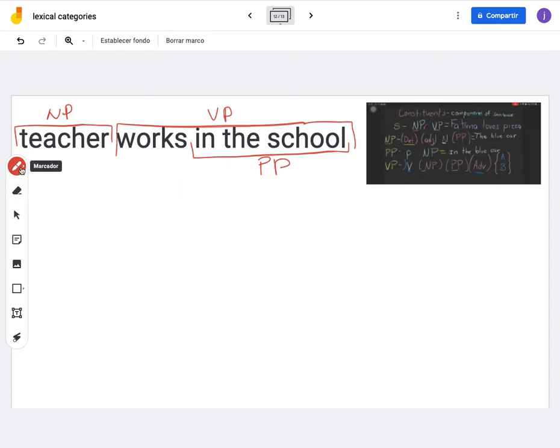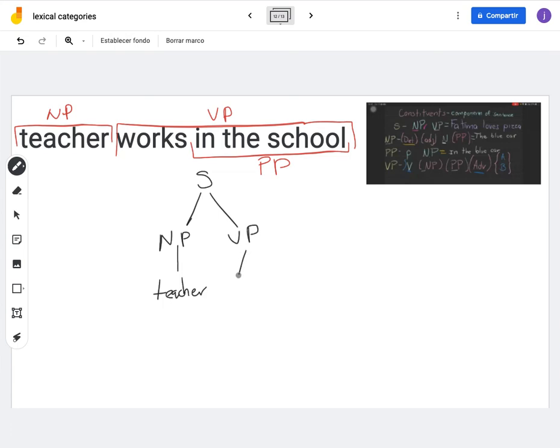First we put letter S. Now we draw two lines. By this side we put noun phrase, and down we put teacher. Teacher is the noun. Okay. Now we put a verb phrase.